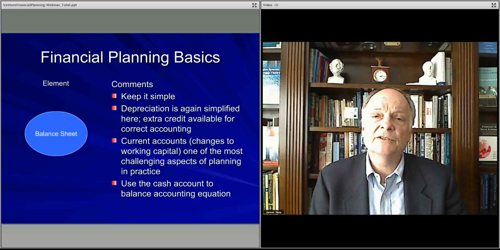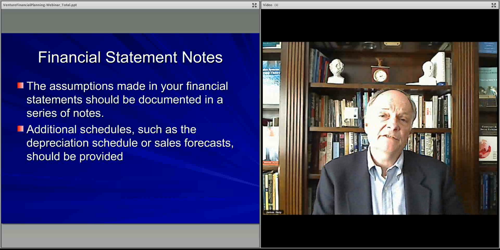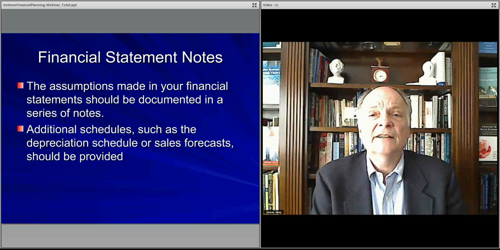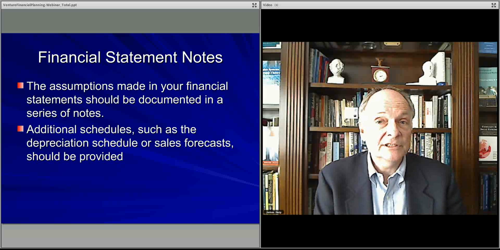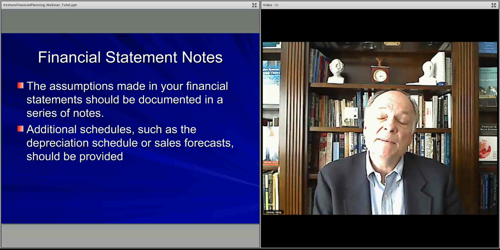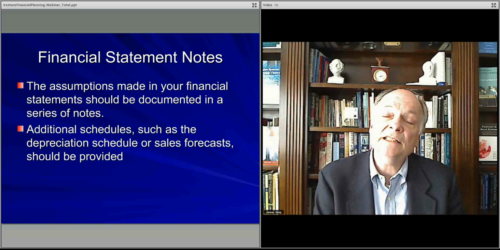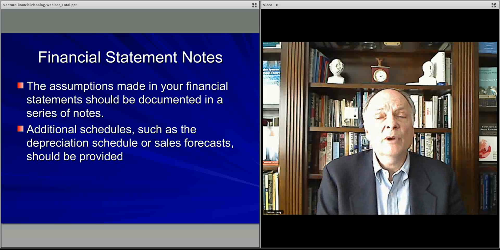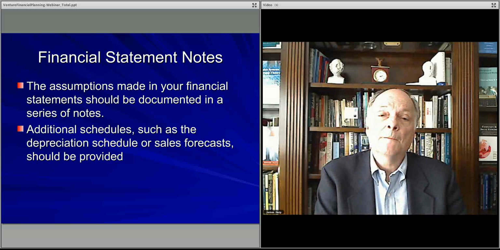But before we do that, the last thing that you always want to have in your financial statements is a series of notes, which essentially give a sense of what the assumptions are, what is a unit, how you calculated your unit sales, how you calculated your cost of goods sold, maybe some information about your lease cost and what sort of terms you have on a lease for your location, equipment that you've purchased. You'll have different schedules that describe what your expenses are.